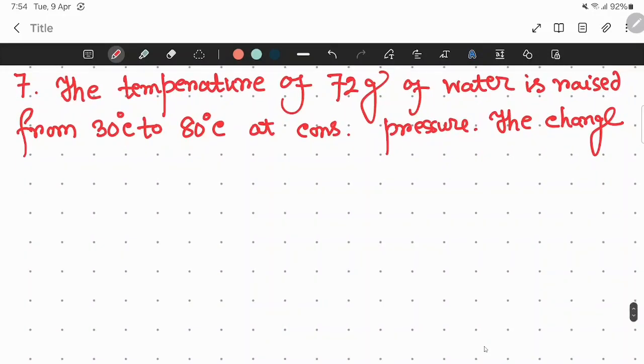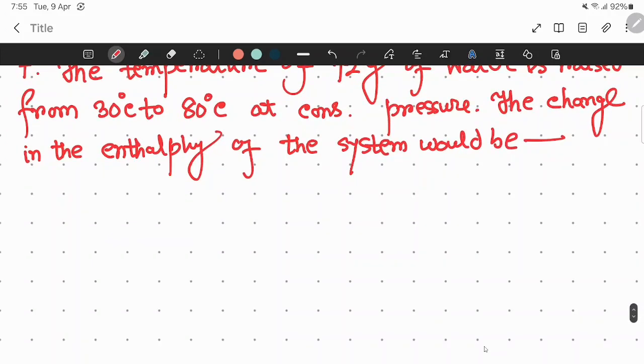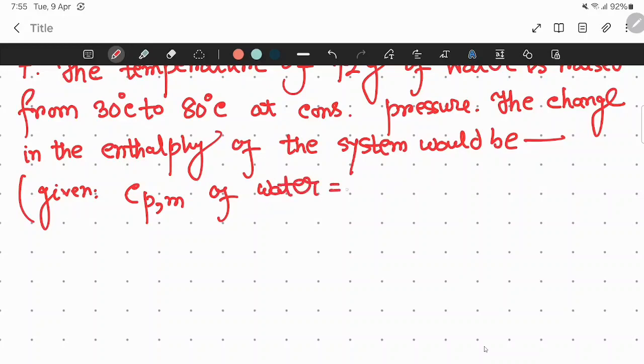The change in the enthalpy of the system, given CPM of water is 50 joule per Kelvin per mole.